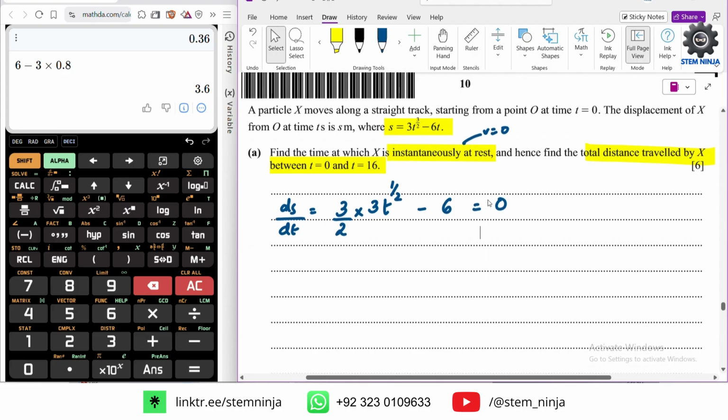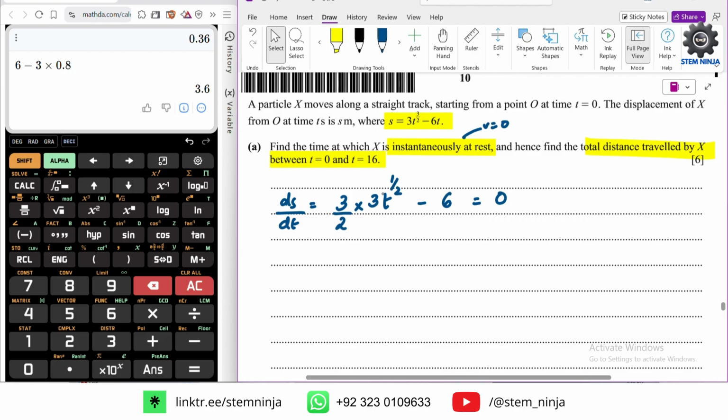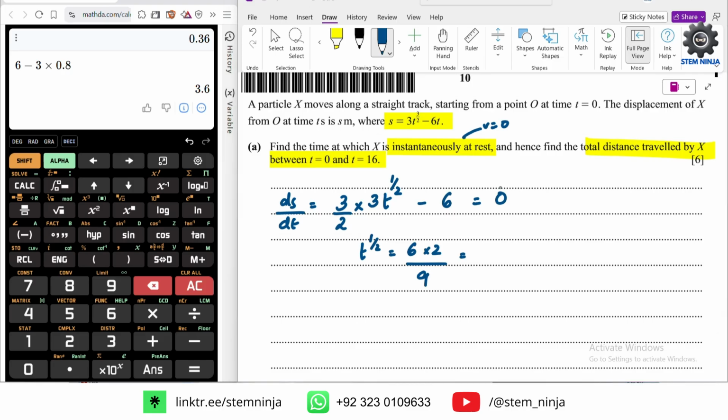Okay, so we need to figure that out. 6 goes on the other side, times by 2, 6 times 2 divided by 3, that is 12 over 9... Okay, so this becomes 12 over 9.